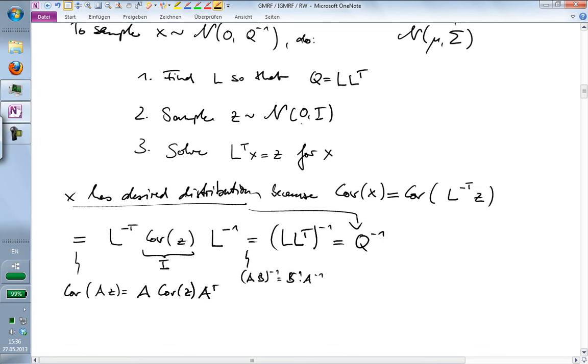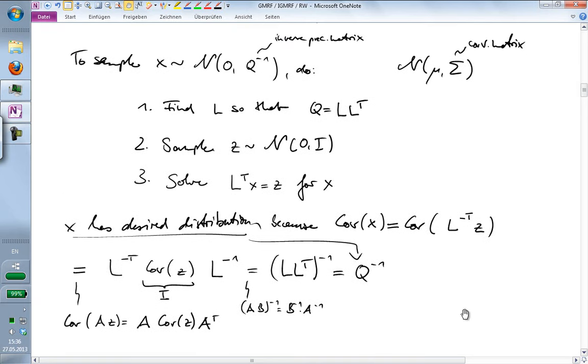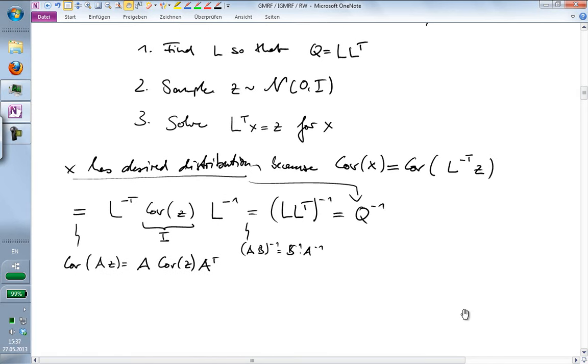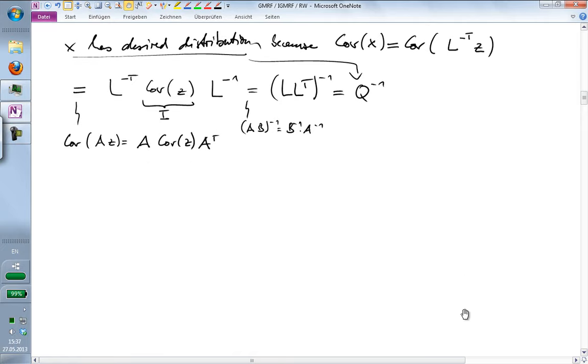So Z had mean 0, and after this linear transformation here, it still has mean 0. Okay, so you can specify the precision matrix and sample from it or do other things.